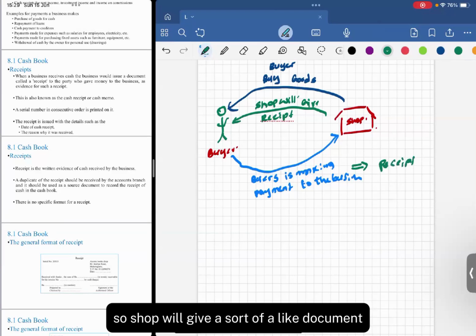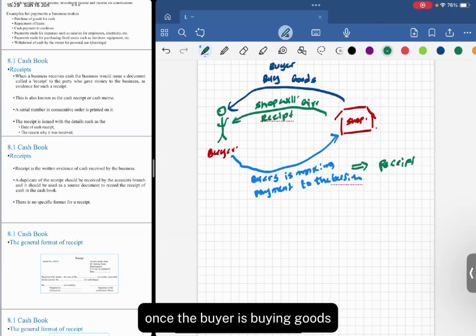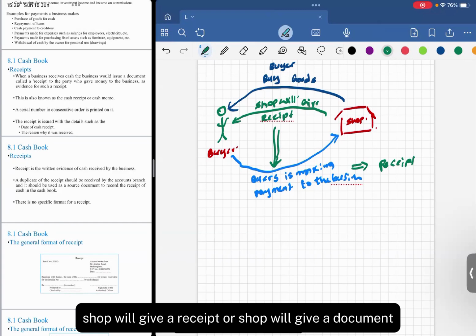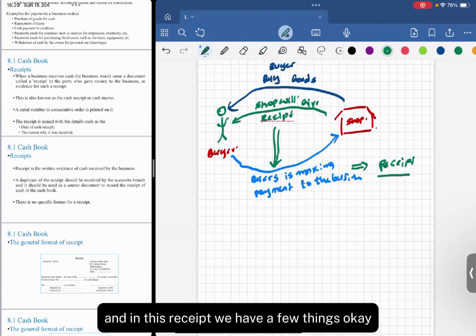When the buyer is buying goods and making the payment, the shop will give a document, and that document is called a receipt.